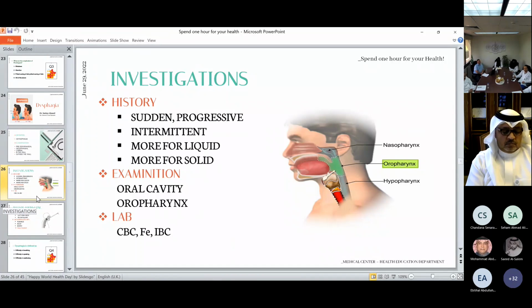At this stage, the soft palate closes the nasopharynx so that food does not go into the nasal passages, and the epiglottis blocks the laryngeal or airway pathway so that food does not go into the airway, and then food passes into the food passage, which is known as the esophagus. The esophagus is a food passage which connects the pharynx with the stomach. So any problem, infection, or obstruction in this pathway can cause dysphagia.